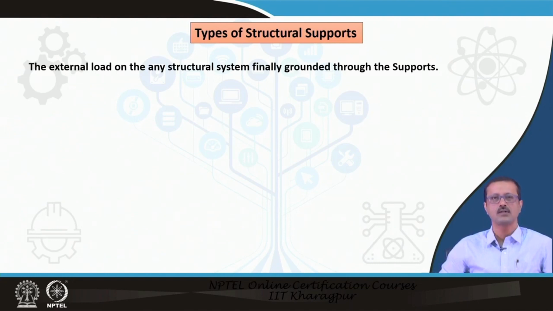The external loading on the chair is my total weight, 50 kg or 60 kg. Finally, the load is distributed to the ground by 4 legs, and the legs are supported by the ground. So, at this junction of the legs and the ground, the system is called the support system.